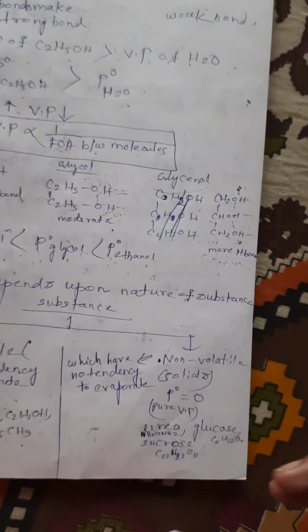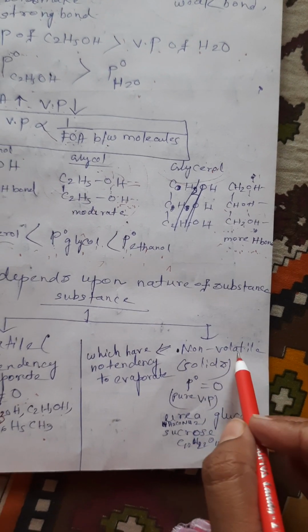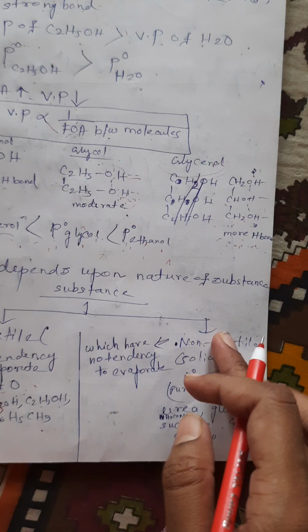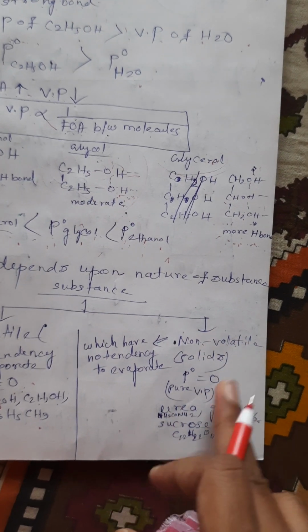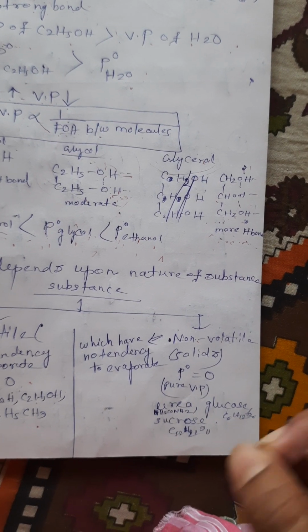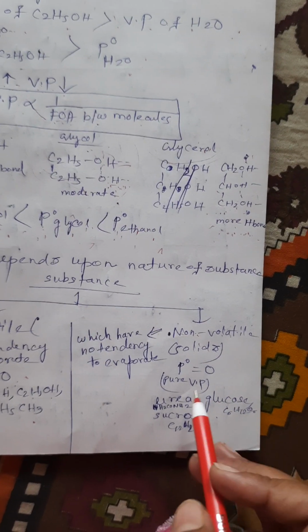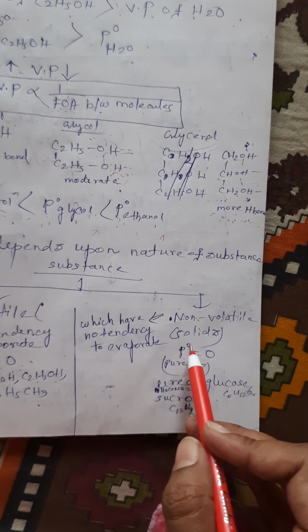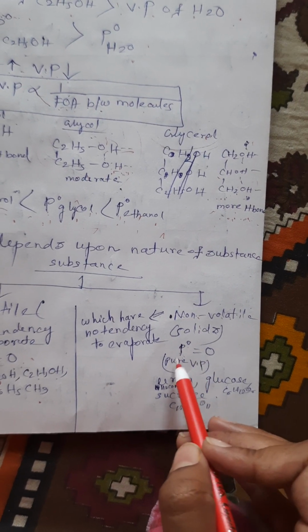But in case of a non-volatile substance, that means solids, the vapor pressure is always 0. Here P naught means pure vapor pressure.